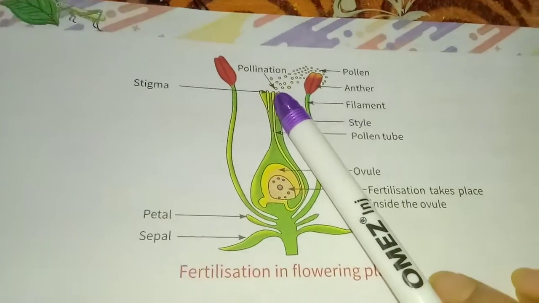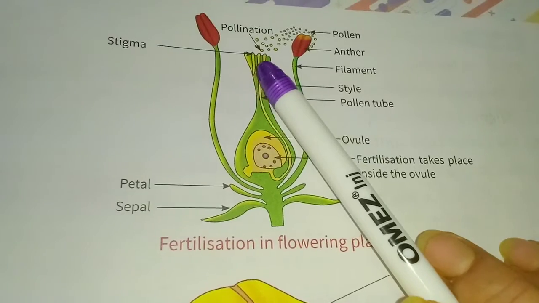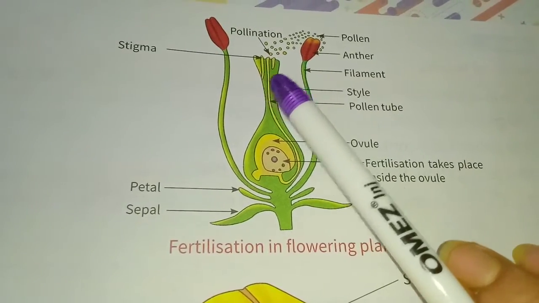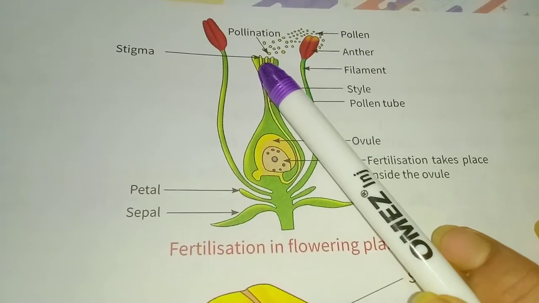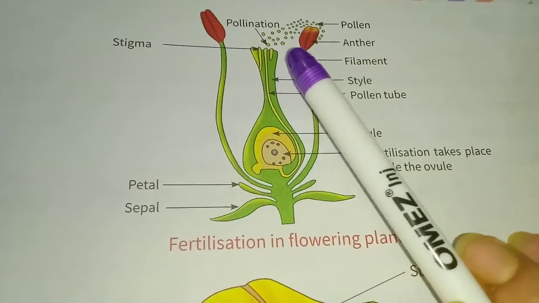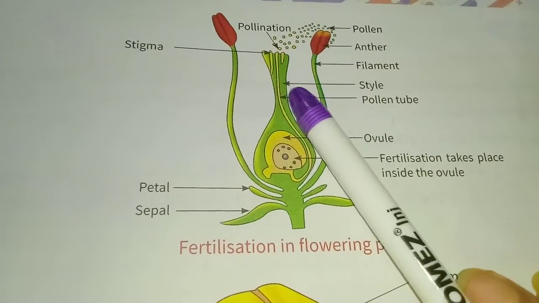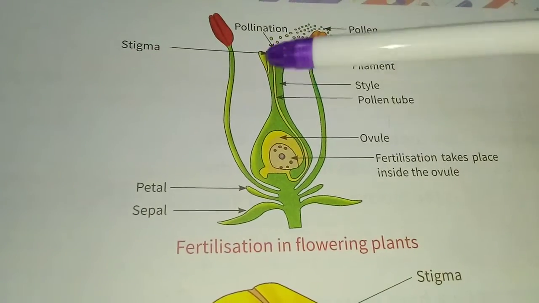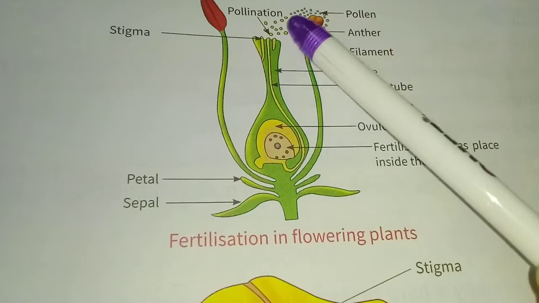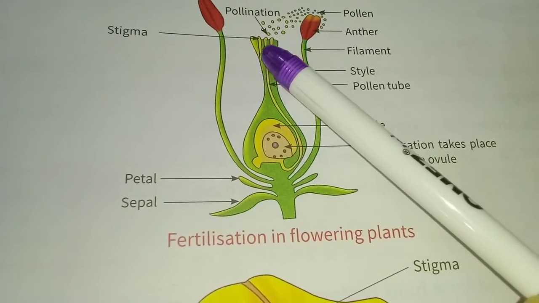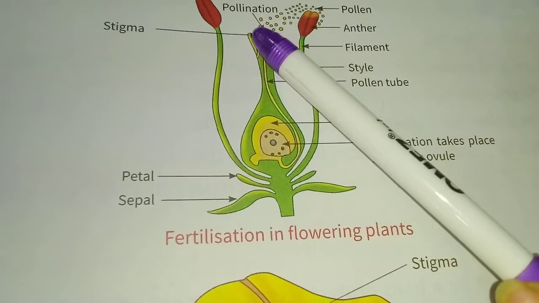Actually, the stigma produces some sticky substances and pollen grains stick to that. When the pollen grains stick to the sticky stigma, pollination occurs.